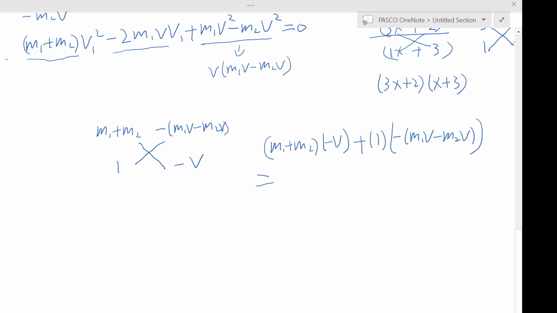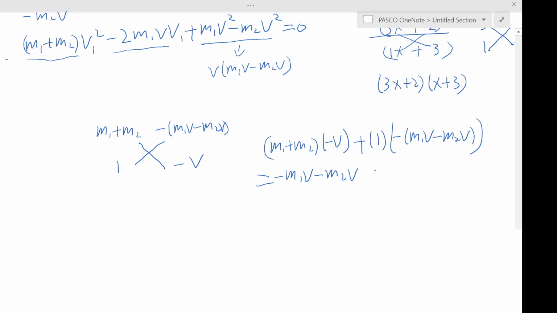And this gives you negative m1v minus m2v, and this is 1, so you don't need to look at it.